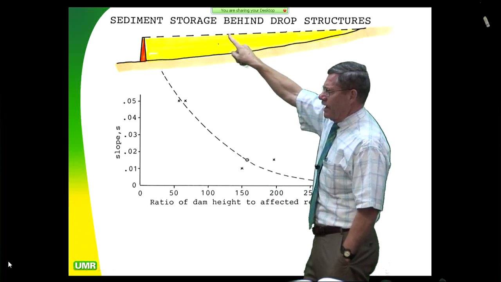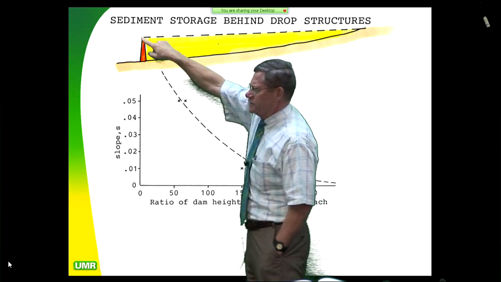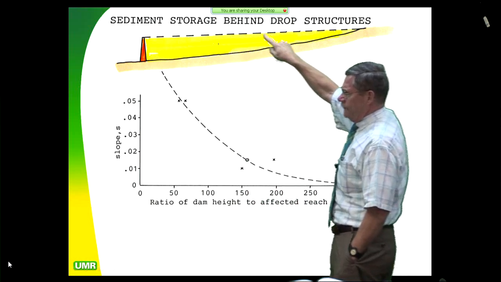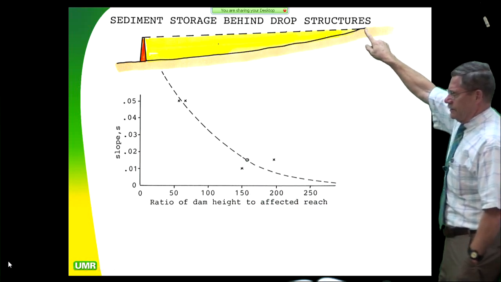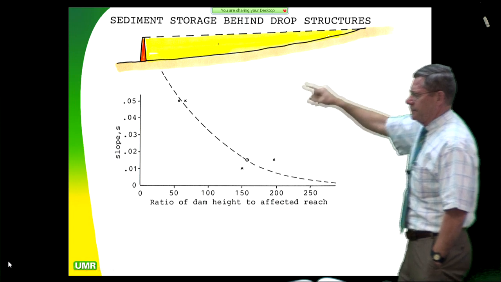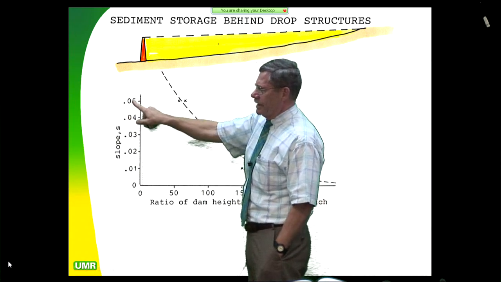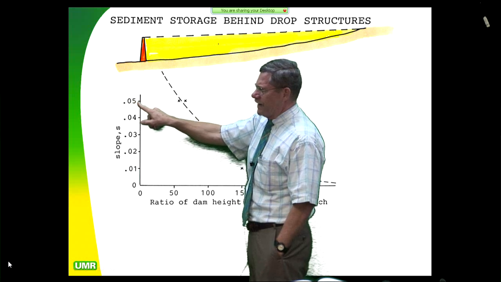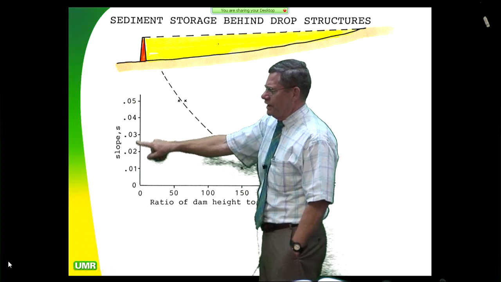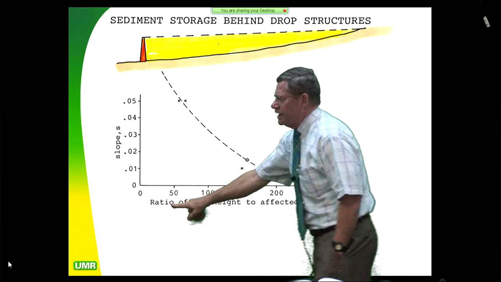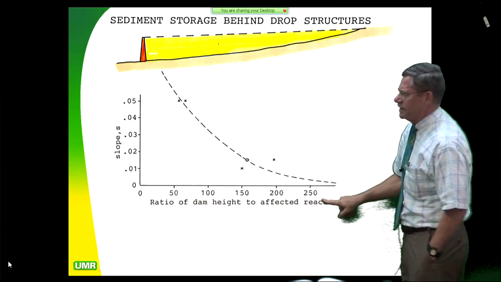It's not level by any stretch, but you can see here the influence diminishes with increasing distance behind. And so if we look at the slope S, here's a 5%, 4, 3, 2, 1. This is the ratio of the height of the dam to the affected reach.